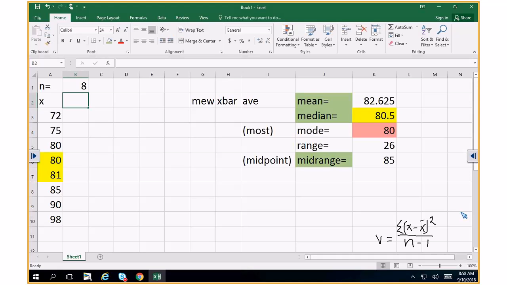Okay, so what do I need to do this formula right here? What's the first thing I need to do? I need to subtract x bar from each of my x's, don't I? So I need to call this column right here x minus x bar.